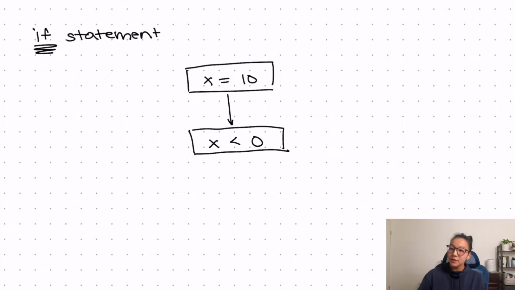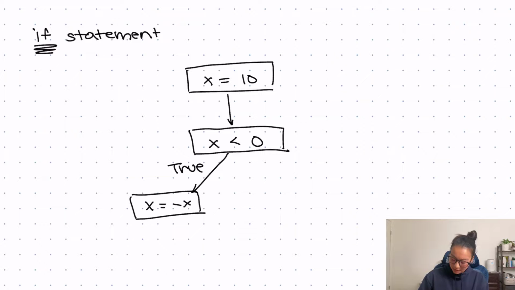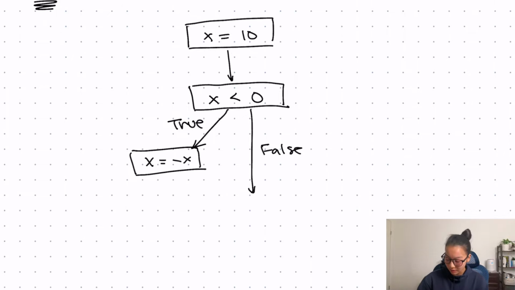And now if this evaluates out to true, then what we're actually going to do is x equal to -x, because that is what's underneath that if statement. And then, in the other case, it's false. So we actually don't go under this if statement, and then we just continue with the rest of the program, which in our case is print x.